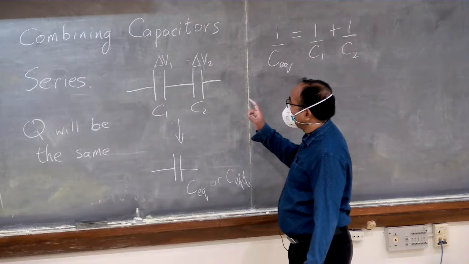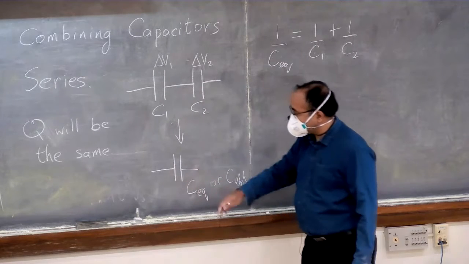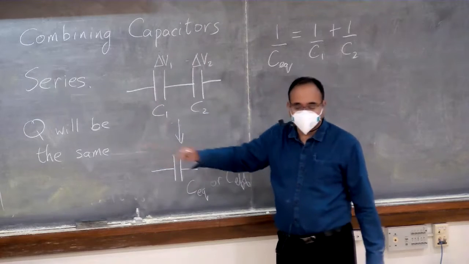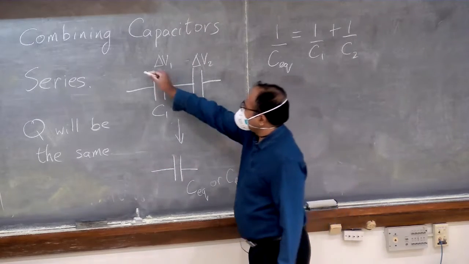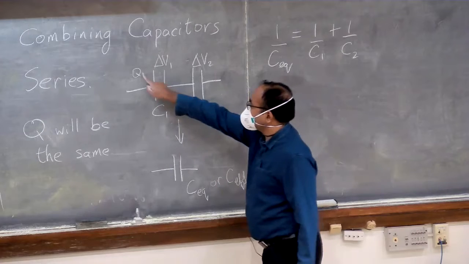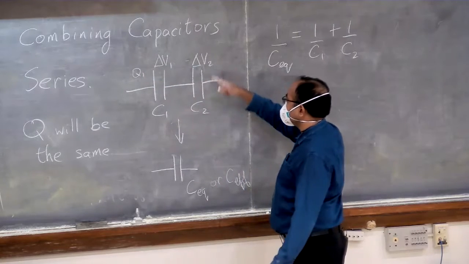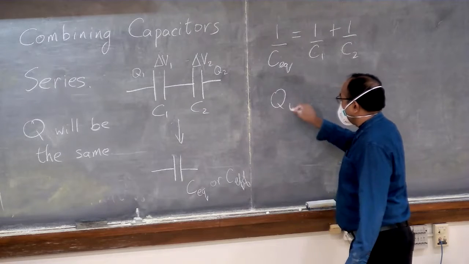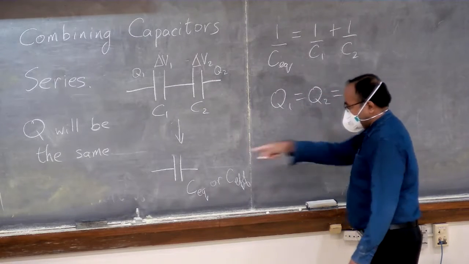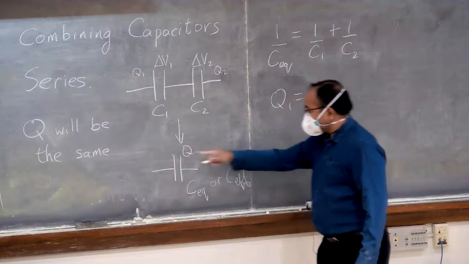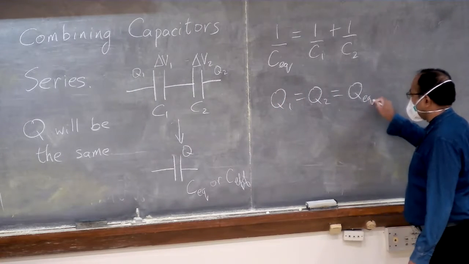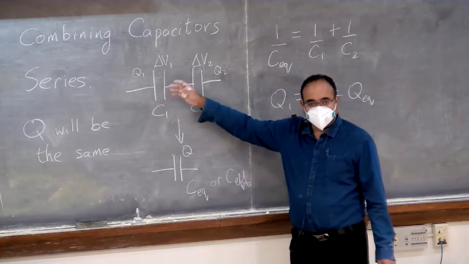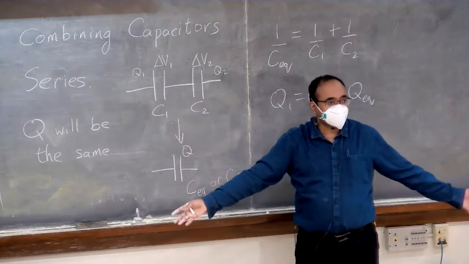So if you're replacing these with a single one, that means you don't want the rest of the circuit to be affected. We have Q1, delta V1, C1, delta V2, Q2, C2. We already know that Q1 equals Q2, so that will have to be the same as the Q equivalent. We also want that when we replace these two with a single one, it shouldn't have an effect on the voltages in the rest of the circuit.